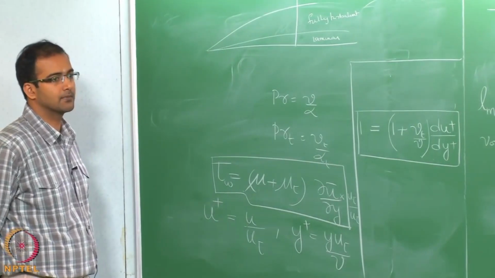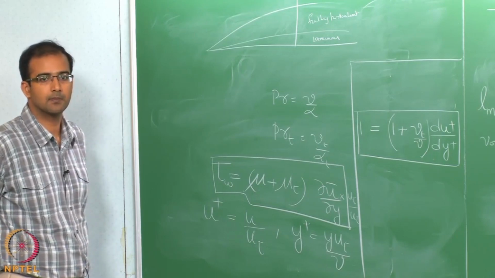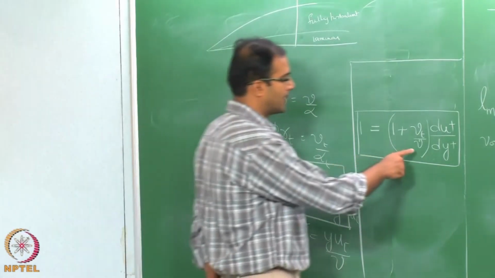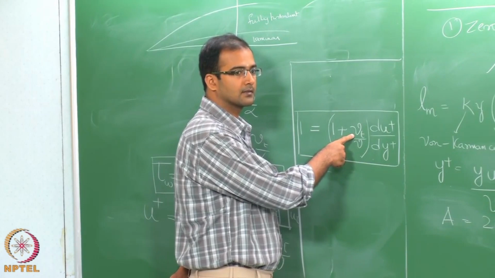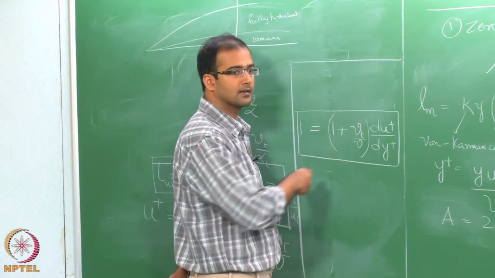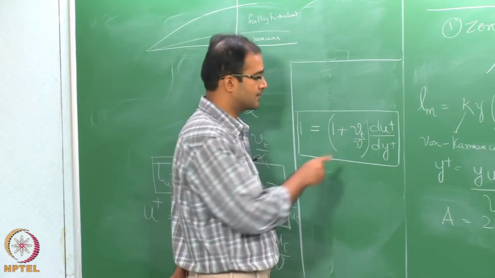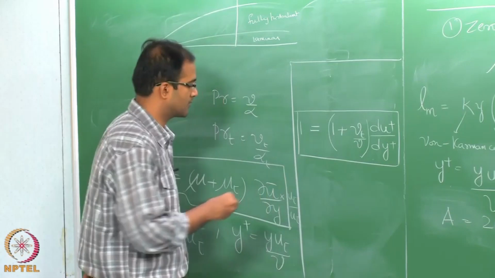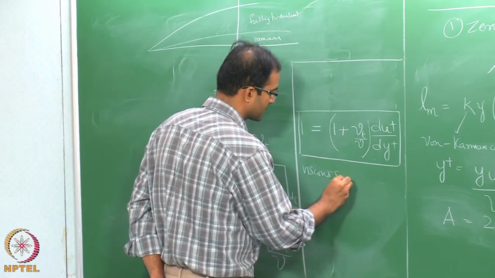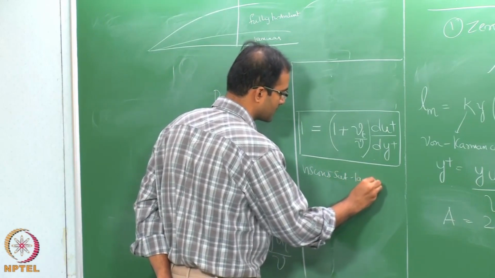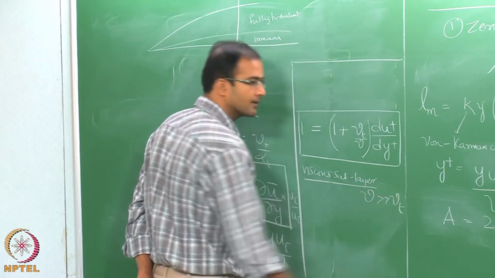So, depending on the regime, now let us first consider the viscous sublayer. Inside the laminar sublayer, your laminar viscosity is much more dominant than the turbulent viscosity. So, what will happen to this term, 1 plus nu t by nu? Suppose let us take the viscous sublayer, your mu is much greater than mu t, right.